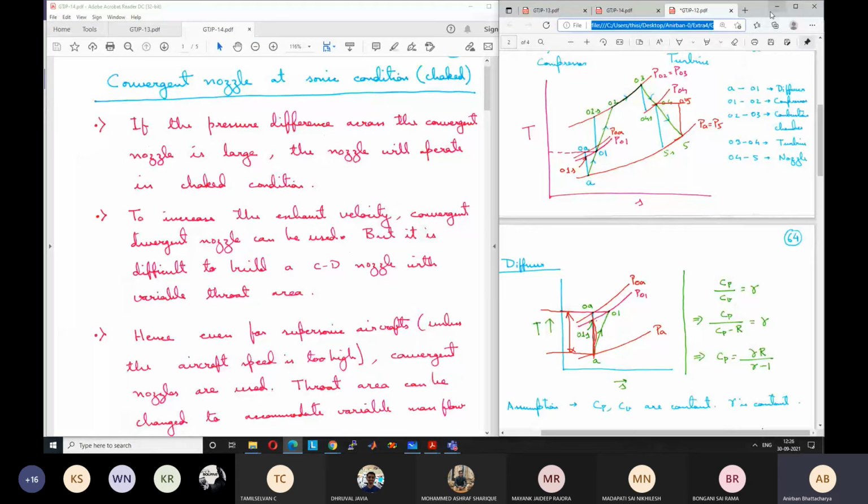It can be done. It will be very costly, but otherwise, even aircraft which have quite large exhaust velocities, or are designed with very large velocities, are designed with convergent nozzles only. So what happens is that they operate at choked condition, and this extra pressure drop is used up for pressure thrust.